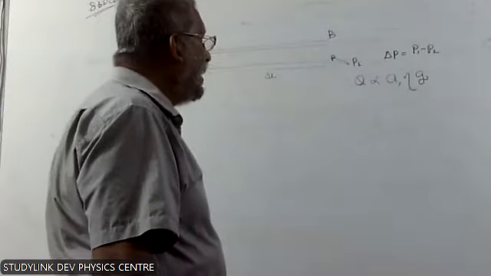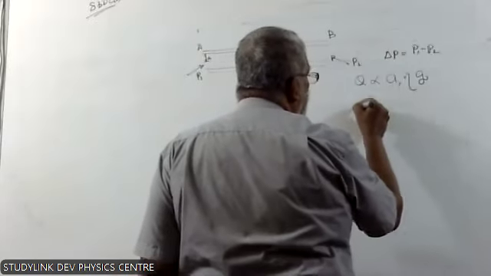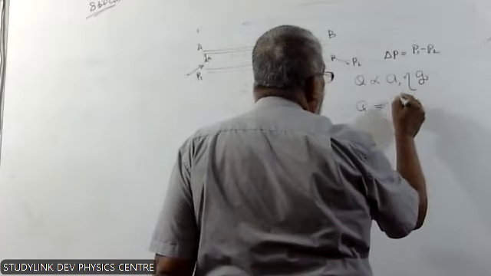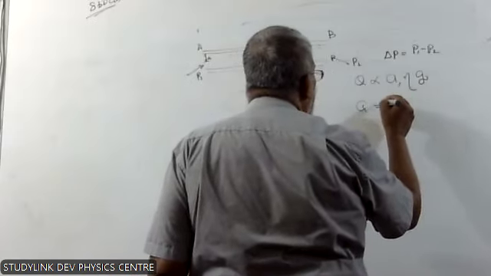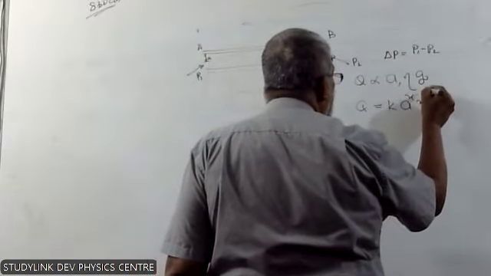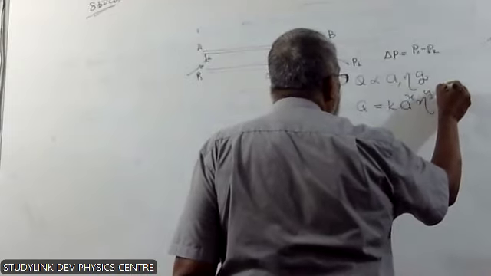But I will explain it later. Before that, we'll start and do this one. Q is equal to K A to the power X, eta to the power Y, and curl G to the power Z.